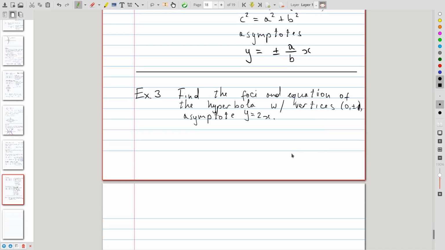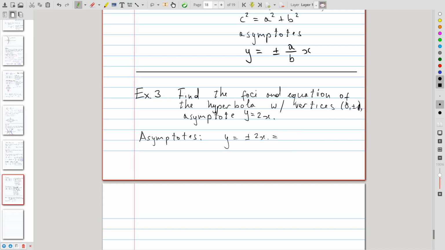But of course, this is not very clever because we know that the asymptotes have plus or minus in them, and so it means that the asymptotes must be of this form, y equals plus minus 2x. And so this is equal to plus minus a over b or b over a times x, so we have to determine which it is.